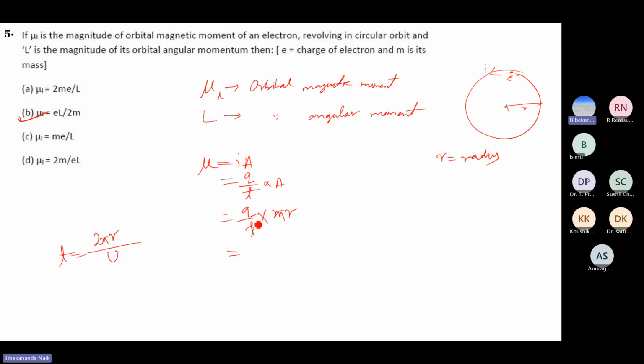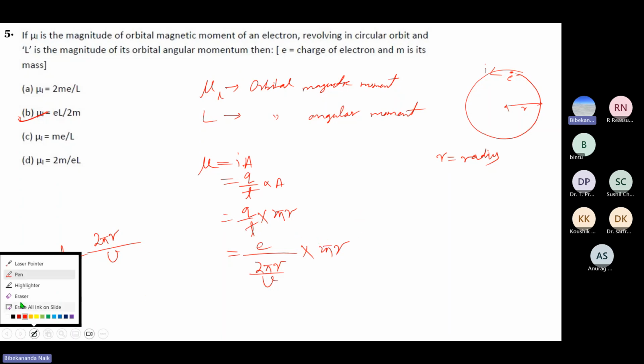This is Q. Q means here for electron we can put it as e divided by T, which is 2 pi R by V, into... Sorry, here the area will not be 2 pi R. Circumference is 2 pi R. So here it is not 2 pi R. It is pi R square.